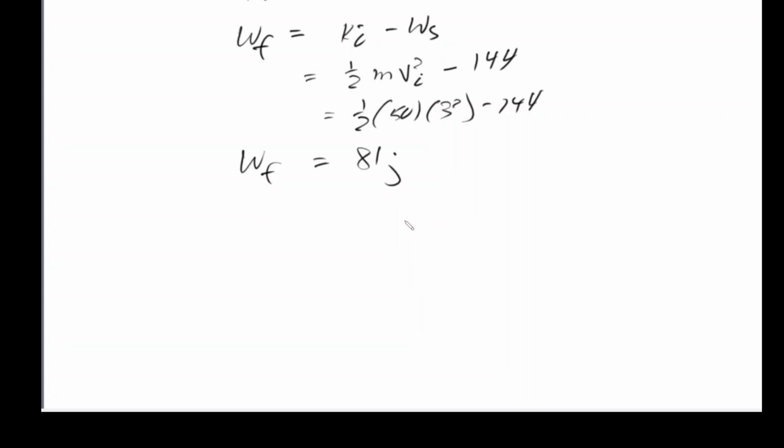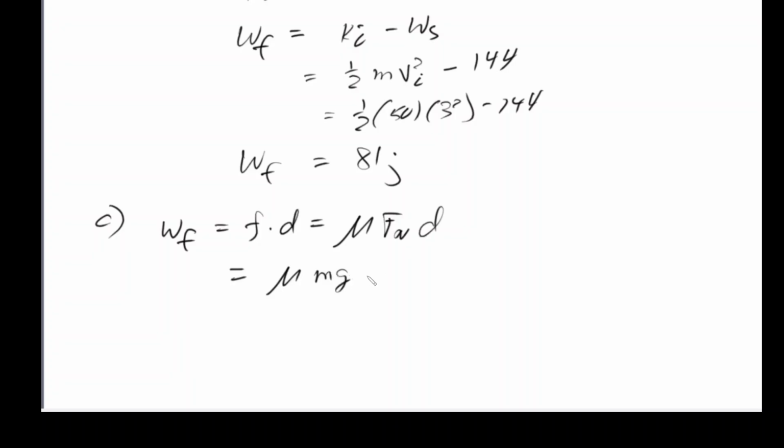For part C, we want to know the coefficient of friction between the block and the surface. We just found the work done by friction, and that's equal to the force of friction times the distance, which is the coefficient of friction times the normal force times the distance, or coefficient of friction times mg times the distance.